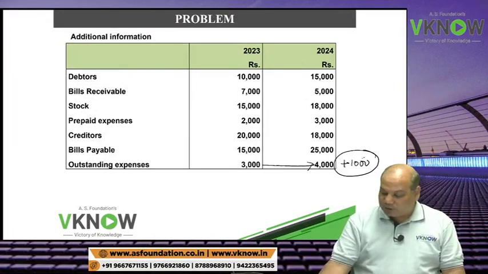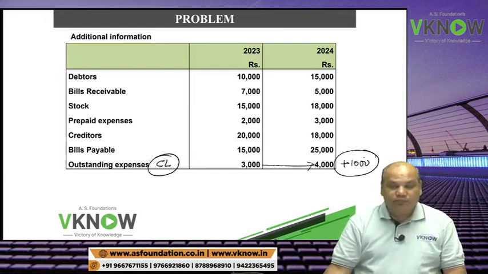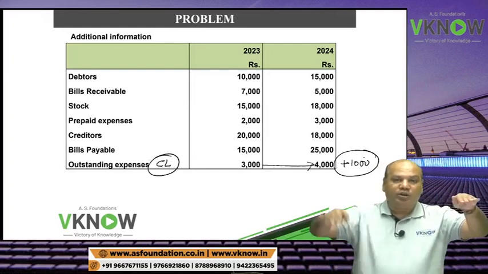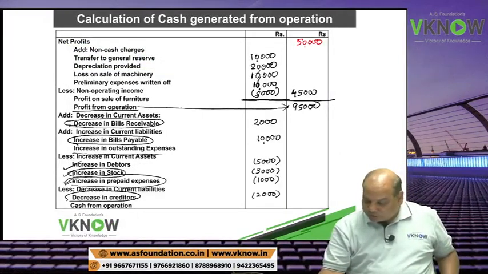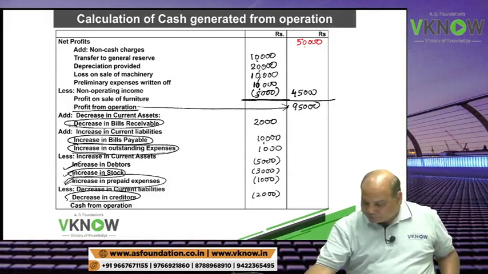This is a current liability item. Increase in current liability, increase in cash flow. So add somewhere in the center, increase in outstanding expense 1000 positive.